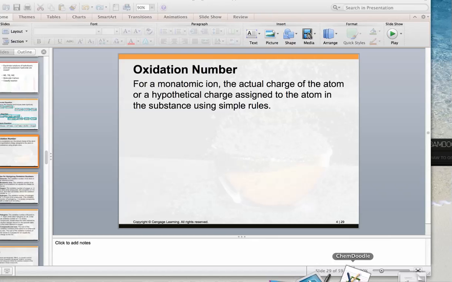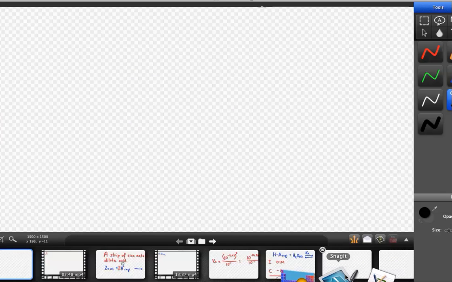So before we start looking at rules of assigning oxidation numbers, let's briefly discuss what the terms oxidation and reduction mean.